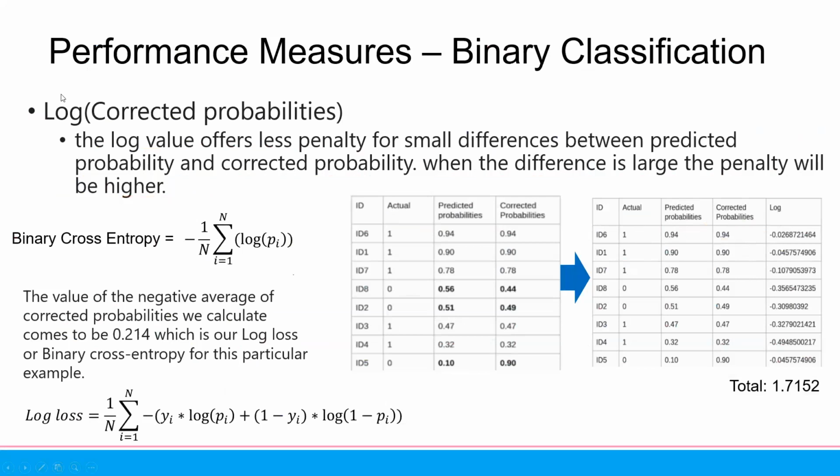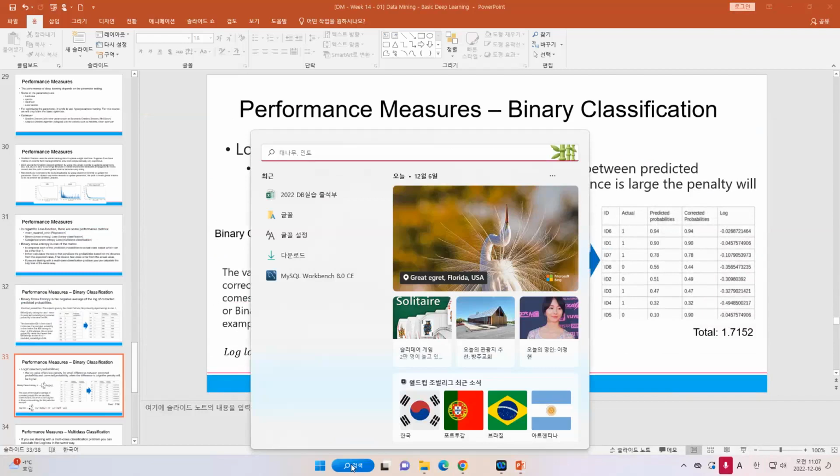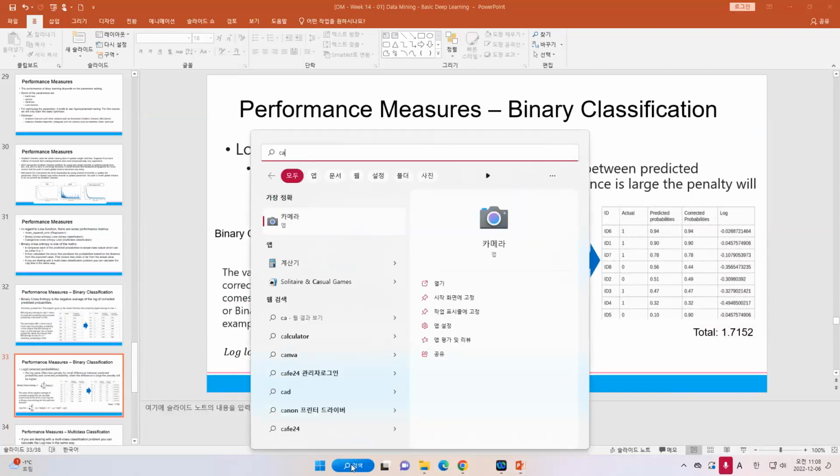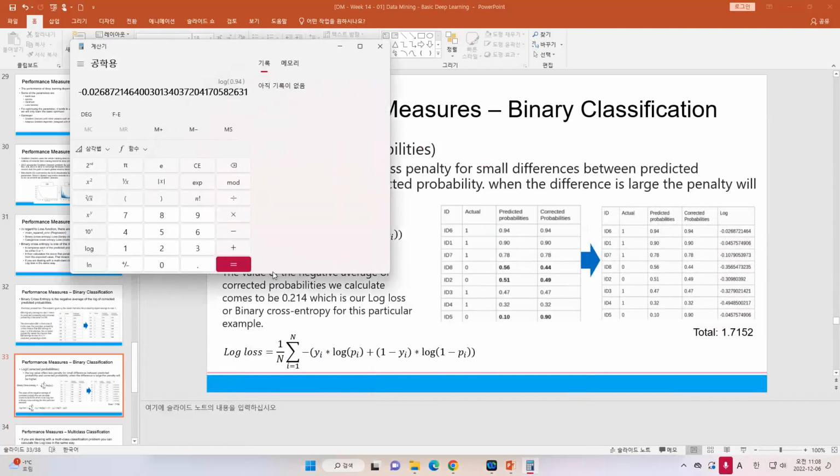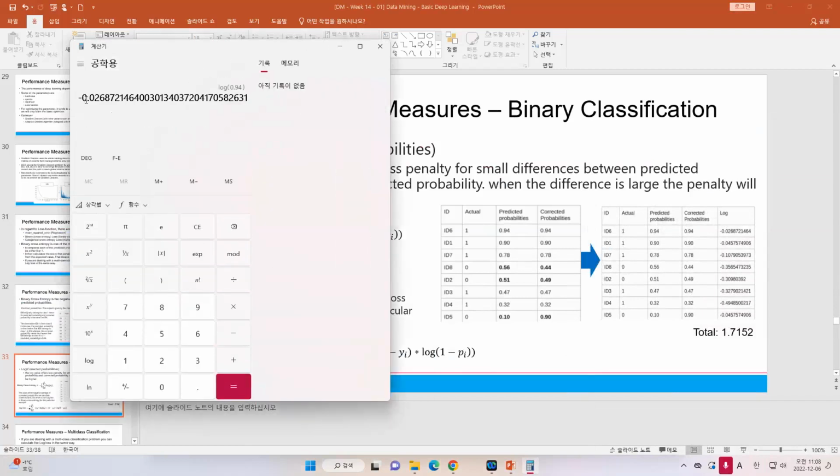Let me open the calculator. 0.94, and then I press log. You can get the value minus 0.028 something. Let's see 0.9. The log of 0.9 gives 0.0457 something.